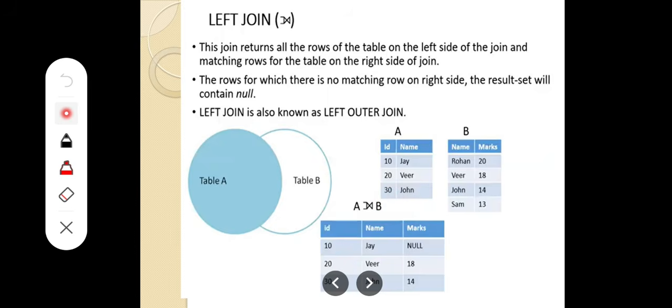Then we also take the matching values in the right table. Is there any matching value for J? No. J does not have any matching value, so that field will be kept as null.